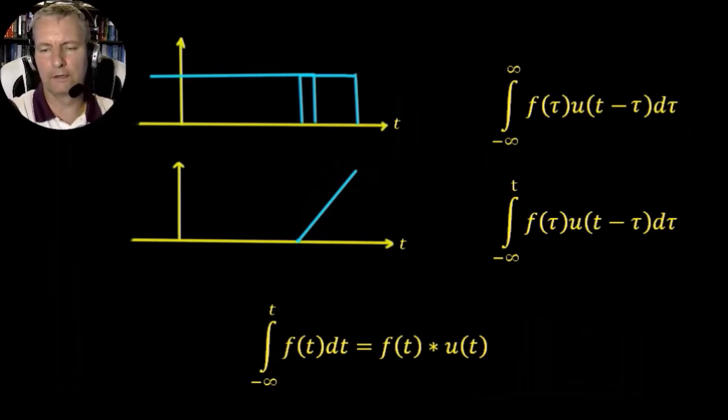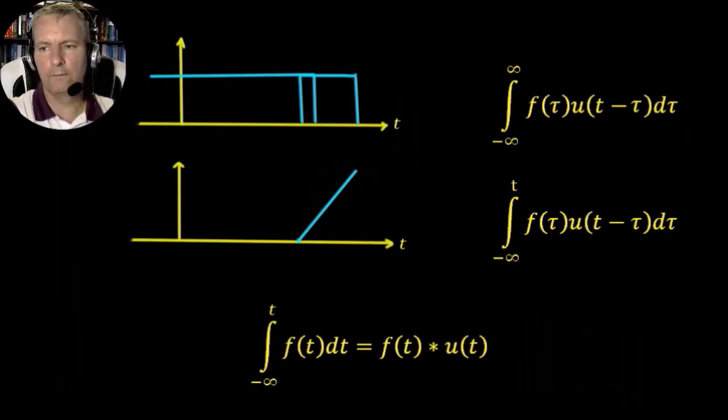Equivalently, you could say this function here is the derivative of this function here, because if you look at that, it's just a constant rate of change, so the height here would just be a constant.